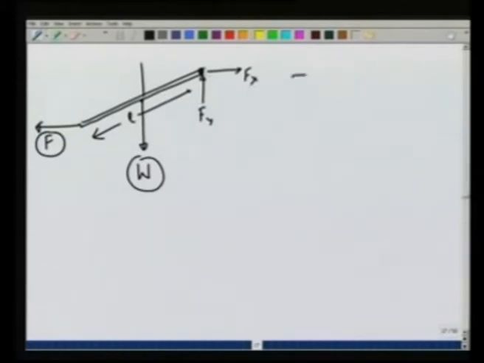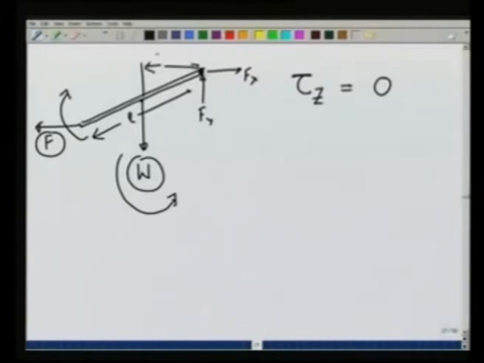If I take torque about z axis should be 0, then the weight is giving a torque in this direction, counterclockwise is going to be positive, and F is giving a torque in this direction which is negative. Let us calculate the distances first.